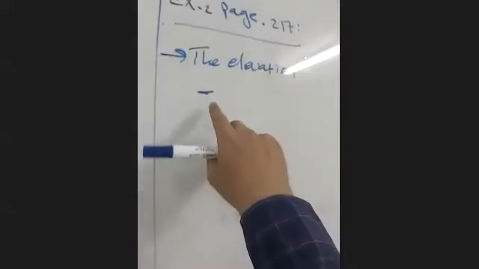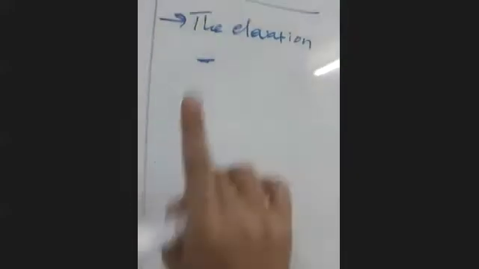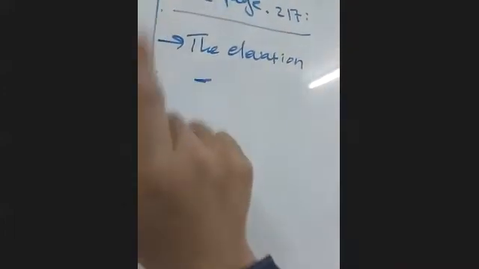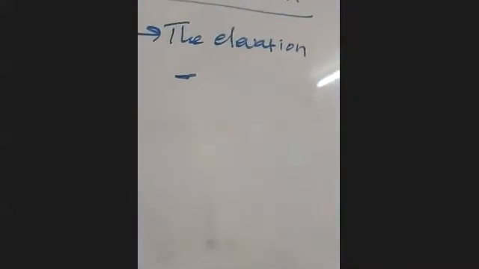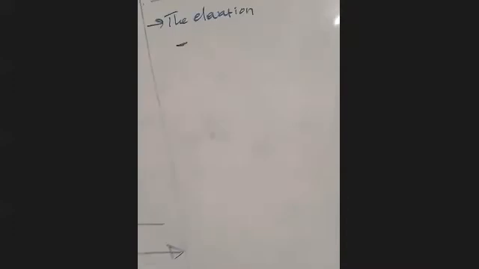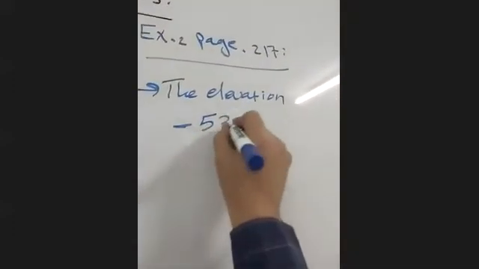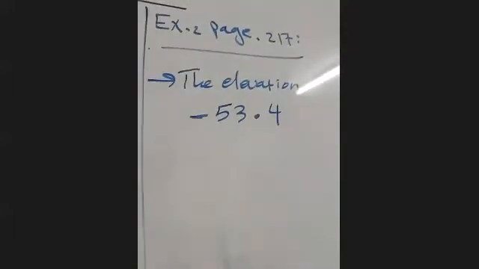Why negative, guys? Because we are in the lowest point. We are down, not up. Down means negative. Up means positive, okay? So the elevation is negative 53.4 meters.